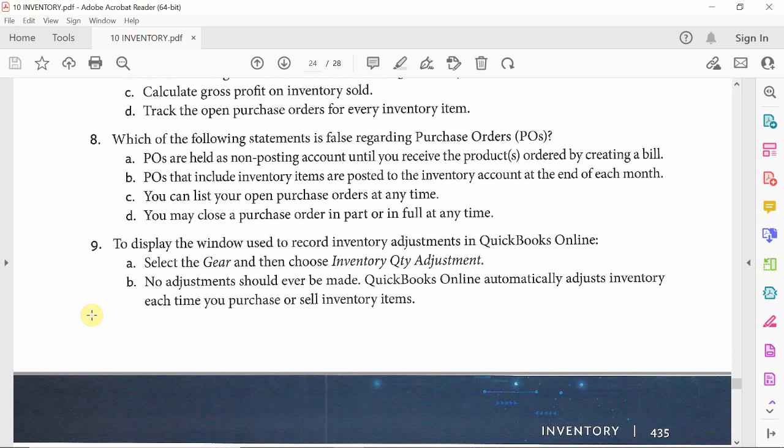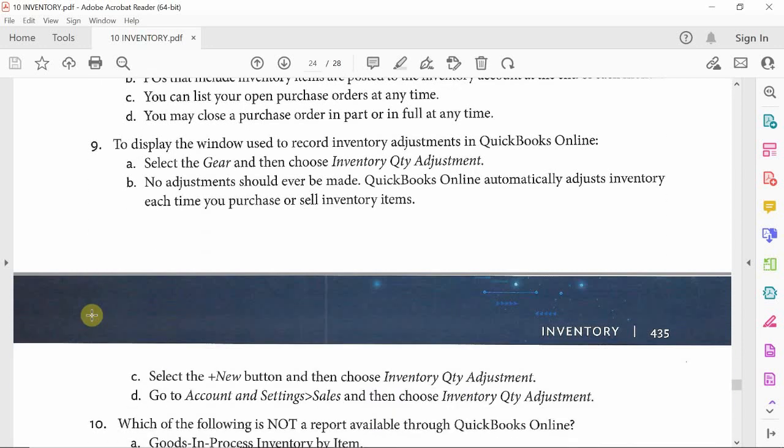Number 9. To display the window used to record inventory adjustments in QuickBooks Online, what do you need?